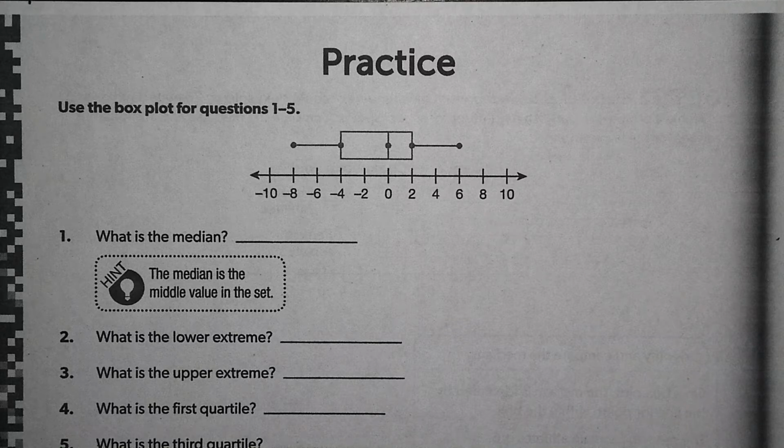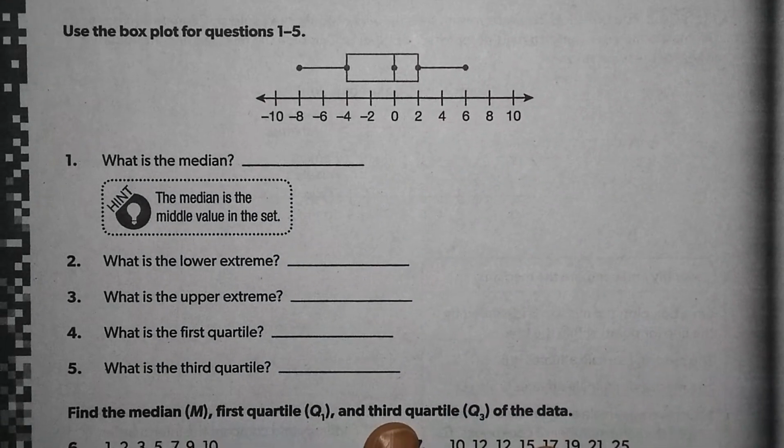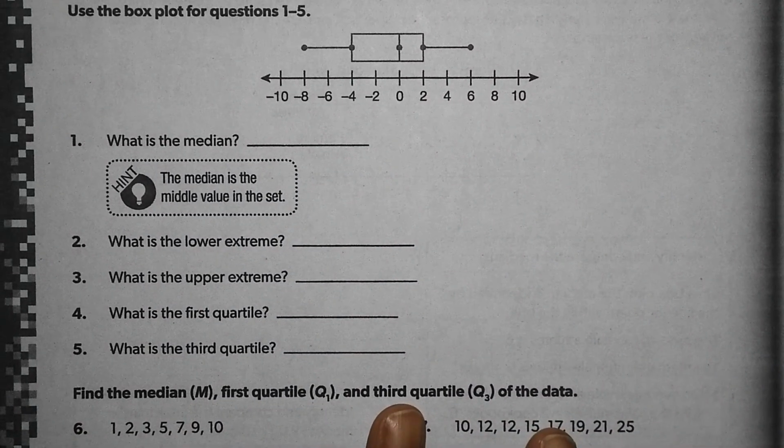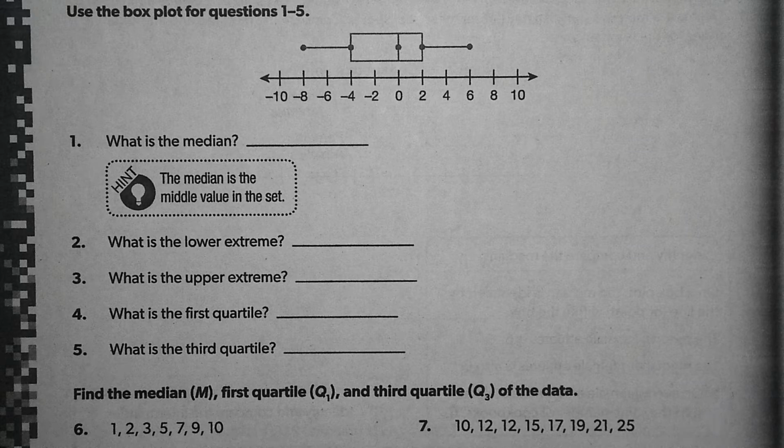All right, so what you're looking at is a box plot, also known as a box and whisker plot. And we talked about what each of these portions, each of these dots, each of these sections meant with regards to a data set. So let's just review what the elements of a box and whisker plot are.